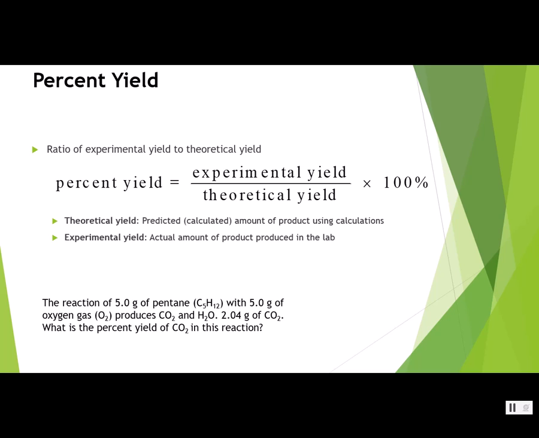Now, in chemistry lab, you're going to be doing several chemical reactions, and the amount of product that you generate, the experimental yield, will often be different, less than the predicted or calculated theoretical yield. You'll encounter that starting with the second lab on empirical formulas.